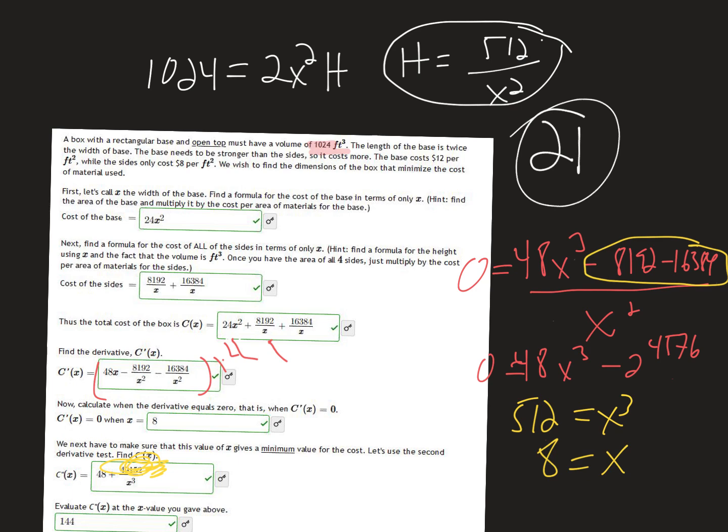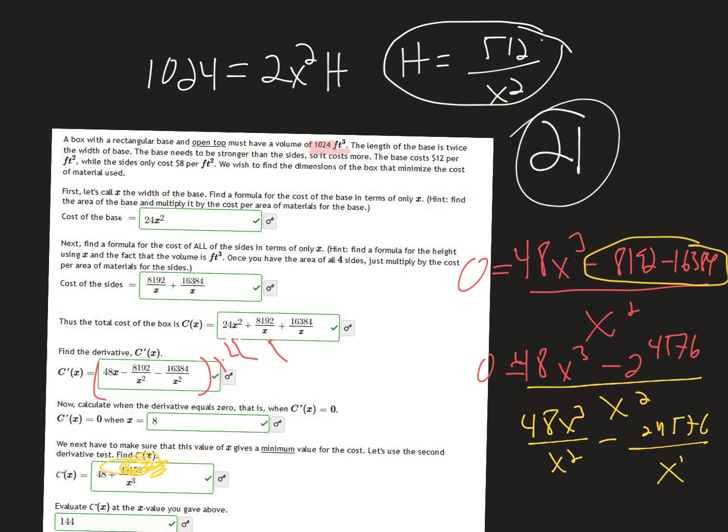Well, you can't see that. You can't see it on my paper. I don't want to delete that. Can I delete that? No, I'm going to lose the whole thing if I do that. If this is all over x squared, can't I break this out to 48x cubed over x squared minus that 24,576 over x squared?